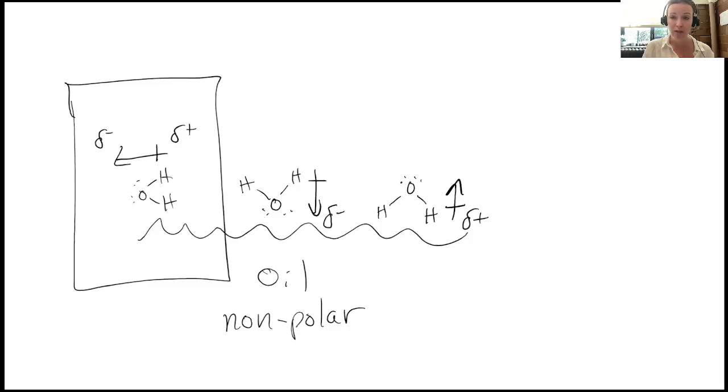The water won't want to rotate and look like this, because then the pole is right there by the oil. The water also won't want to rotate to look like this, because then the other pole is directing right towards the oil. So what you have is these water molecules against the oil that are kind of stuck in this orientation, not wanting to rotate, because if they rotate, their poles are pointed right at the nonpolar oil.